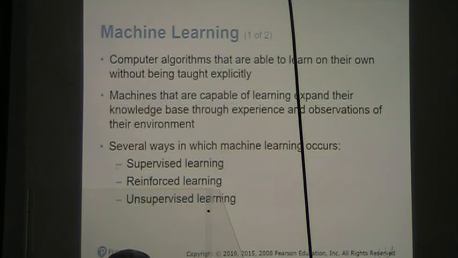We can have reinforced learning. In other words, we make sure that the same lesson is repeated until the machine gets it. And then you can have unsupervised learning. You just let it go wild and it will eventually learn through experience and observation.